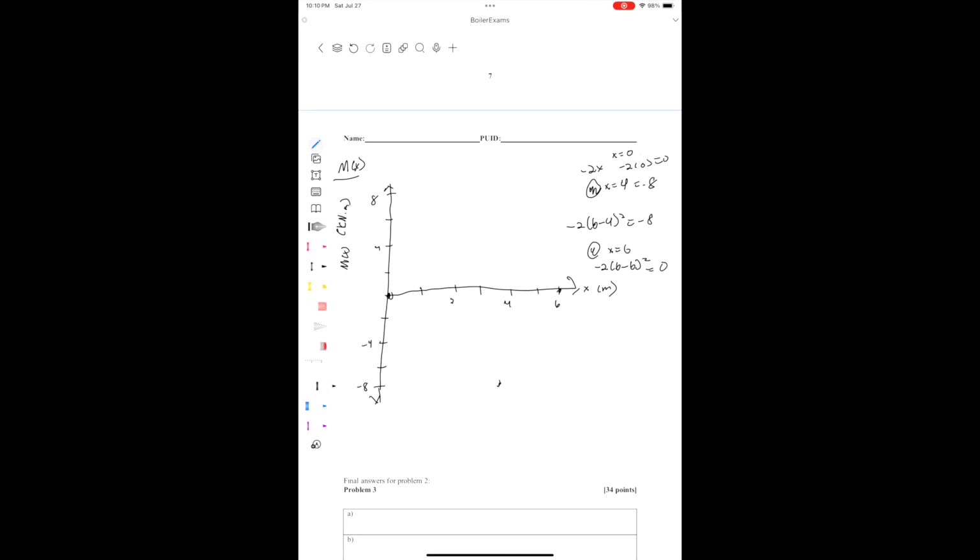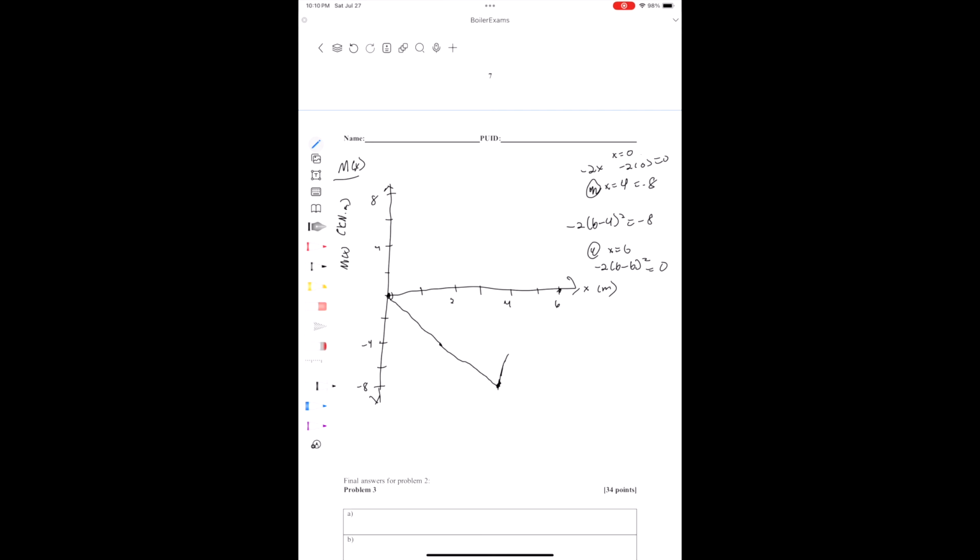So we see that from 0 to x equals 4, it's a linear downward sloping line. And then from 4 to 6, we have a quadratic equation. So it's going to be squared, so it's going to be a curve.